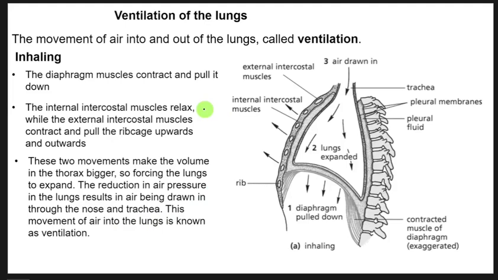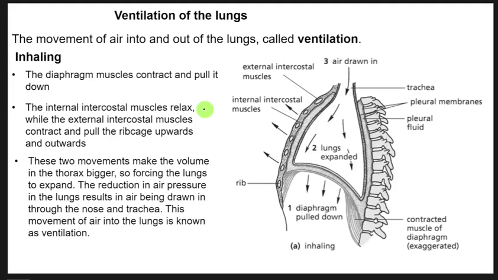Number one, the diaphragm muscles contract and push downwards, or flatten. Then the internal intercostal muscles relax while the external intercostal muscles contract, and this pushes the rib cage upwards and outward.